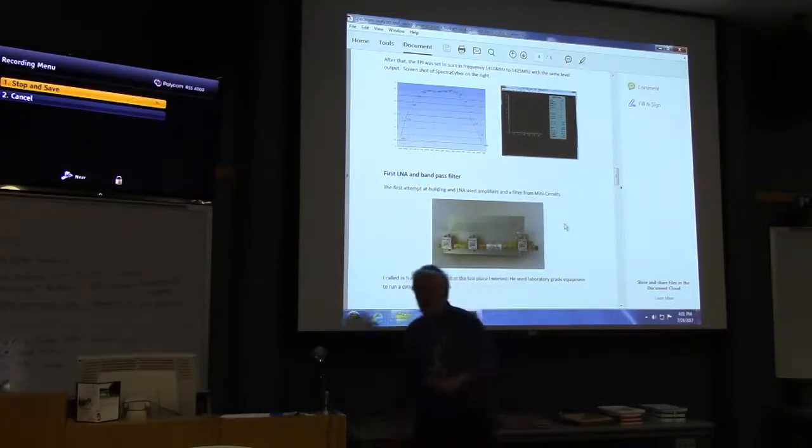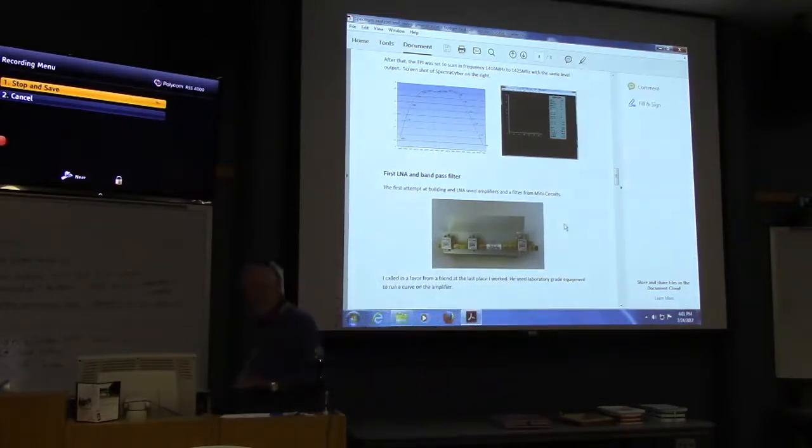I ran my signal generator at one frequency at a time, plotted the output, put it into Excel, and then came out with this plot here. That gave me some idea of the bandwidth and the overall gain of my simple little LNA that I built. And then I used it here.